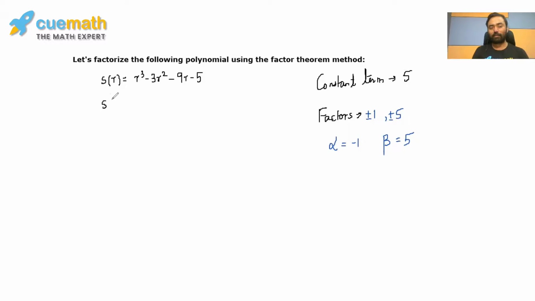So we'll write this as r minus alpha, and then we'll write r minus beta, and then the third factor would be r minus gamma. So basically based on the numbers we got from the factors of the constant term, we got alpha and beta, but we'll have to look for gamma.